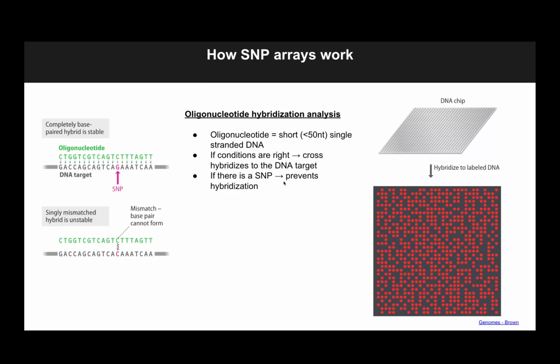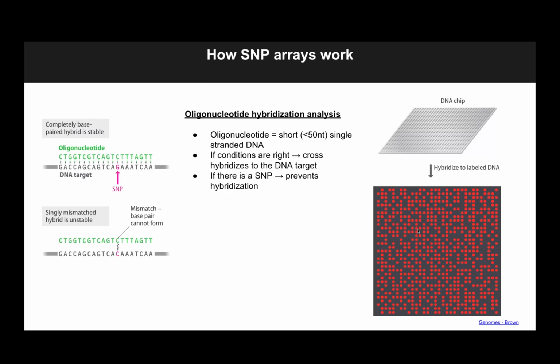What you're essentially measuring is if the hybridization happens, it emits a signal. In this case, it's a red signal. If it is emitting a signal, then that particular SNP is whatever is there in your oligonucleotide. If the hybridization does not happen, it means you have a different kind of SNP. So you can use this information to figure out which parts of your DNA have a particular SNP, right?